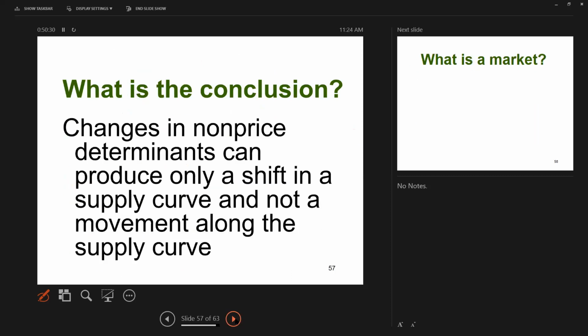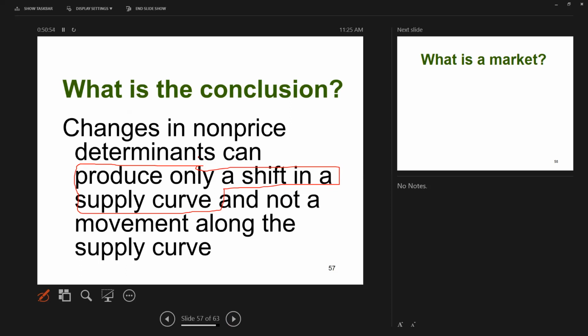Our conclusion here is that changes in the non-price determinants of supply can produce only a shift of the supply curve. Now, in your mind, think about what the name of a shift in the supply curve is so you remember it. Think about it, get it in your mind.